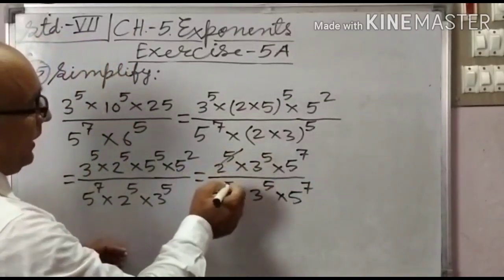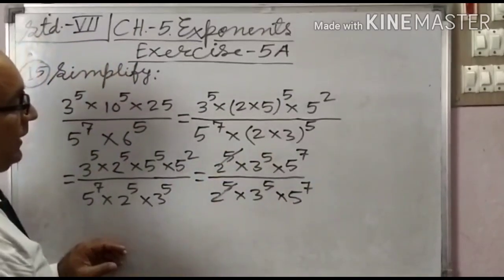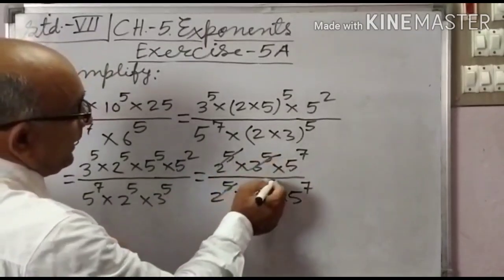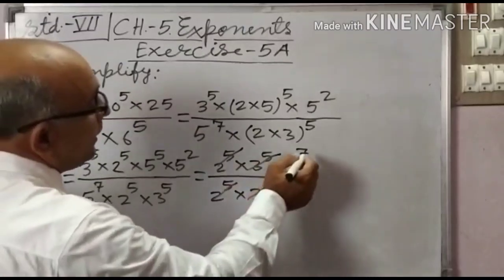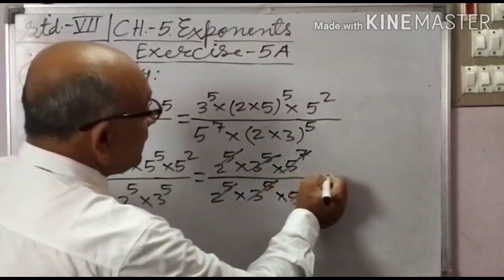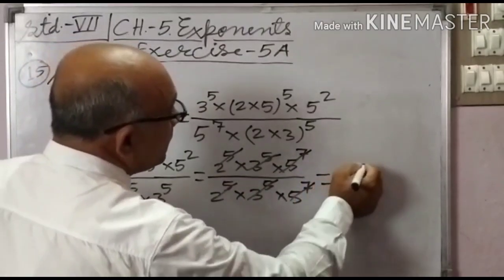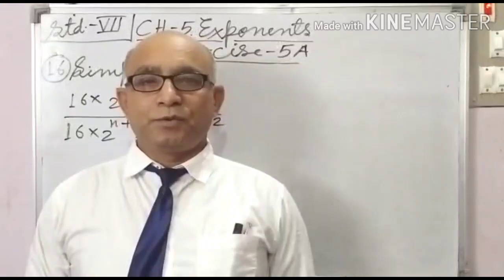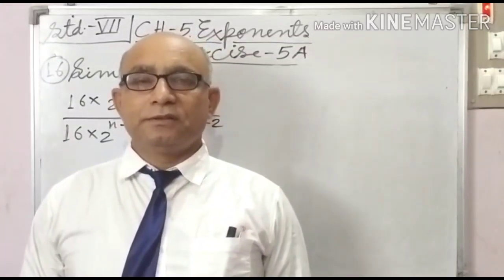Now 2 to the power 5 by 2 to the power 5 cancel. 3 to the power 5 by 3 to the power 5 cancel. 5 to the power 7 by 5 to the power 7 cancel. Equal to 1 is the answer.